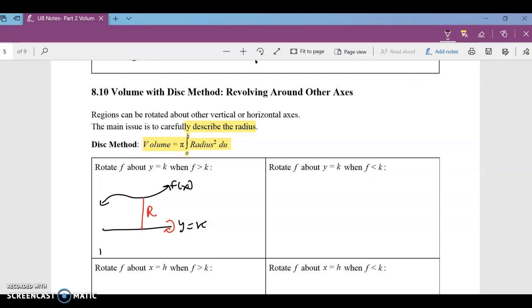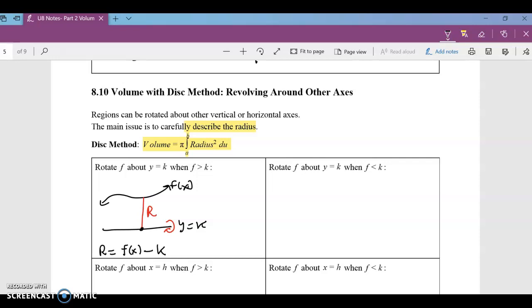My radius would be equal to y top, which is f of x, minus y on the bottom, which is a constant. This point on the bottom is always k, so minus k. And that is my radius. I would just apply that to my volume formula. Right now, we just want to practice how we would define the radius.